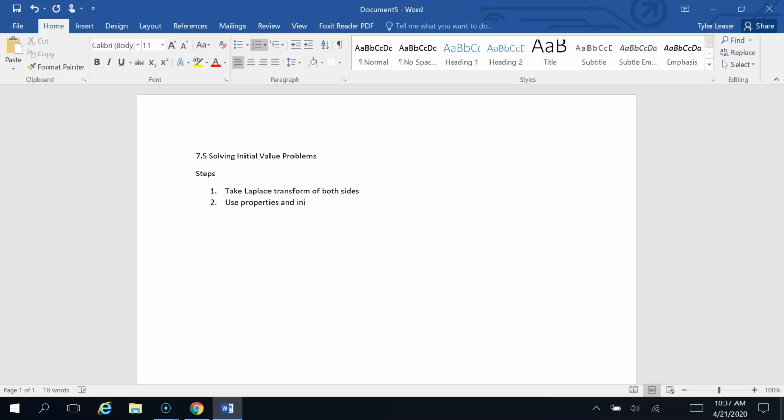So use properties and the initial conditions to transform and solve for the transform. So remember, you want to solve for the Laplace transformation of the function, then determine the inverse to get the function itself. And here we go, a bunch of examples.